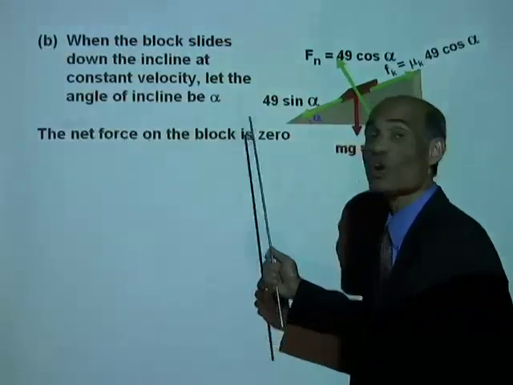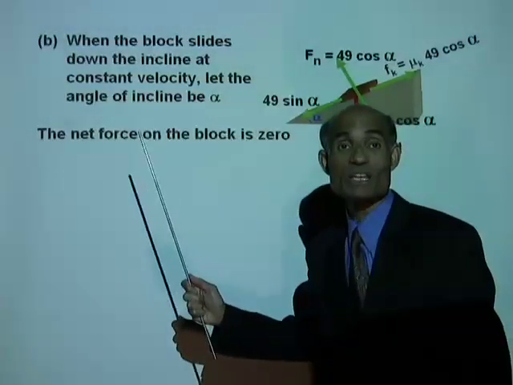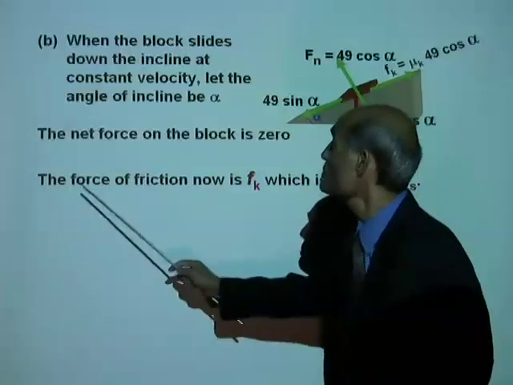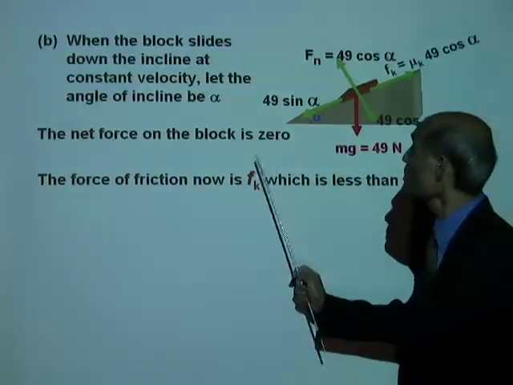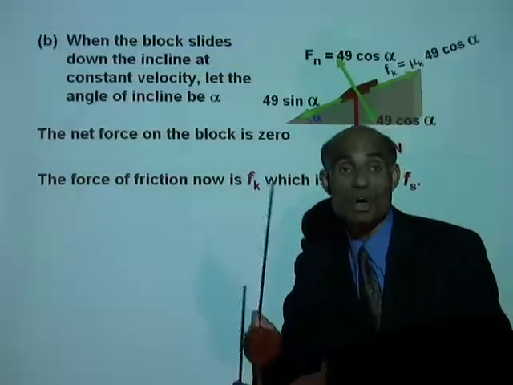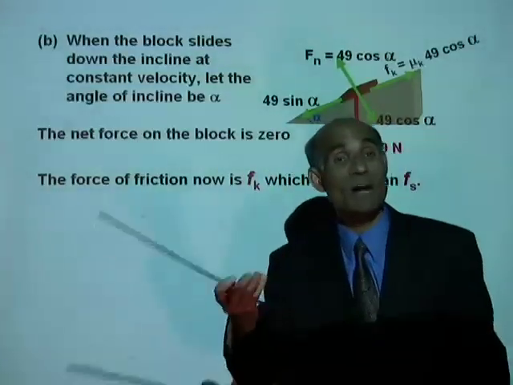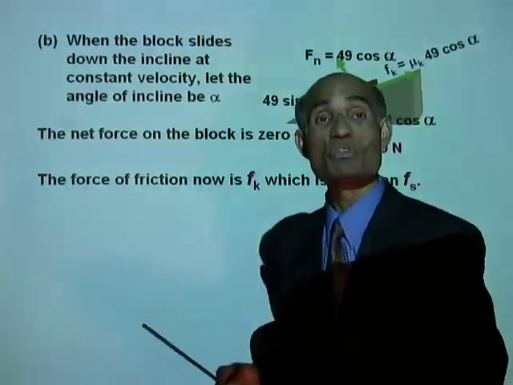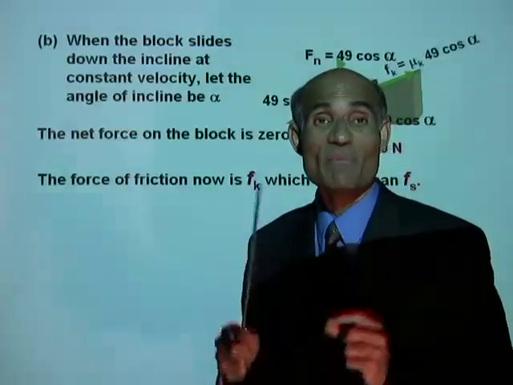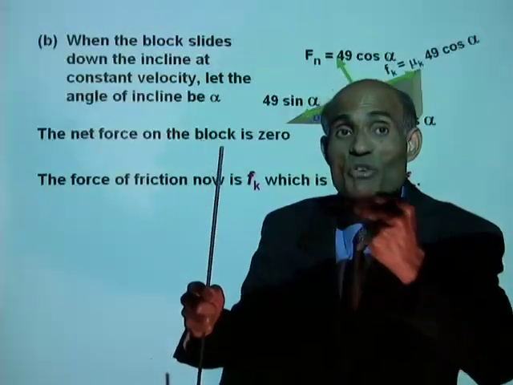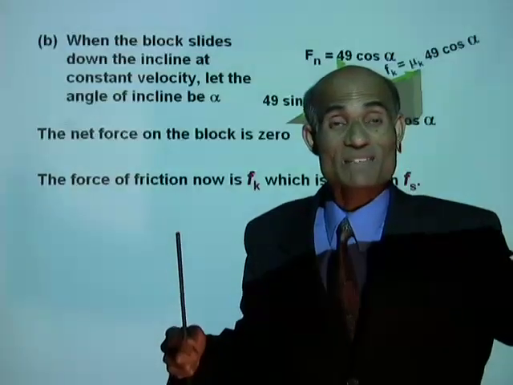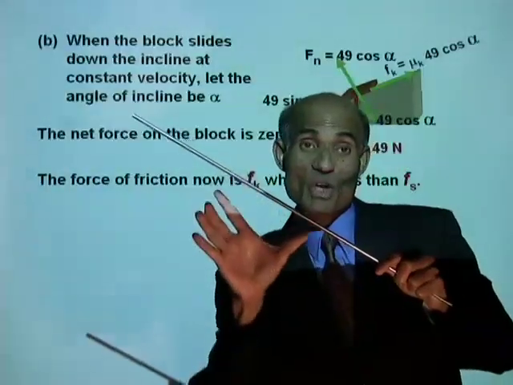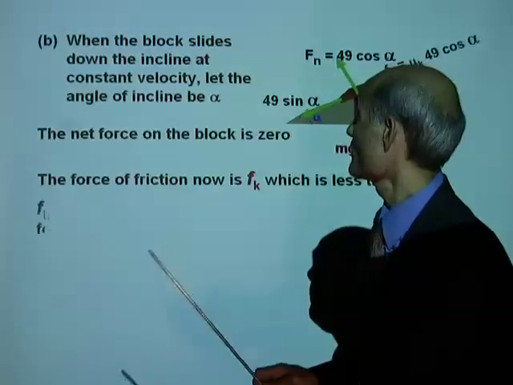The net force on the block now is 0. That means the force of friction is no longer Fs, but it is Fk, which is less than Fs. And that's the reason why the downward force now needs to be less than in the previous case, and why the angle can now be smaller.